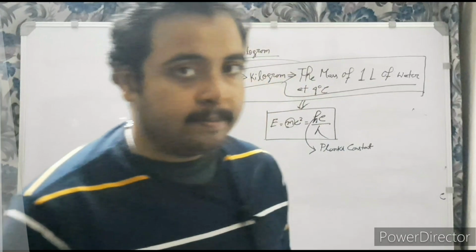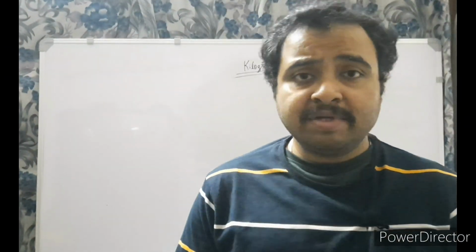So let's begin. So atomic mass unit is nothing but a measuring technique to measure the mass of various atoms with respect to carbon 12 atom, right. So it is not much different from measuring mass of other physical quantities, large quantities. Let's discuss.